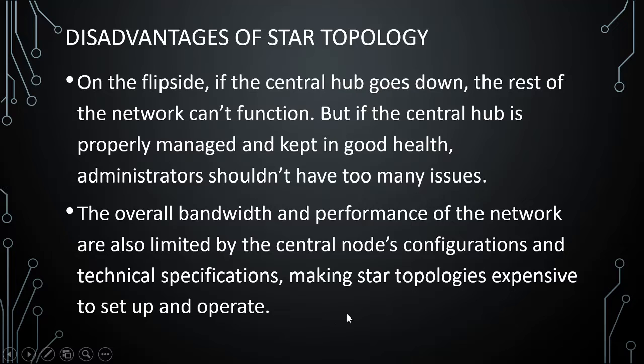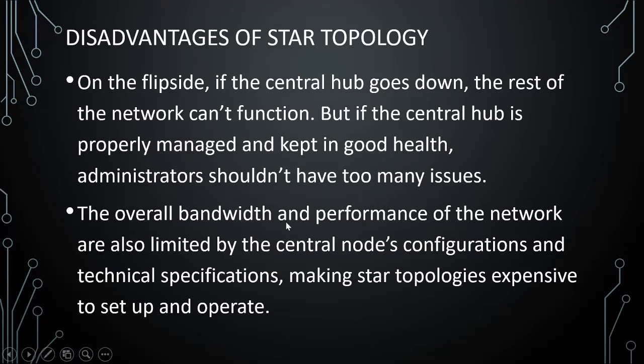Now the disadvantages of the star topology. On the flip side, if the central hub goes down, the rest of the network can't function. But if the central hub is properly managed and kept in good health, administrators shouldn't have too many issues.